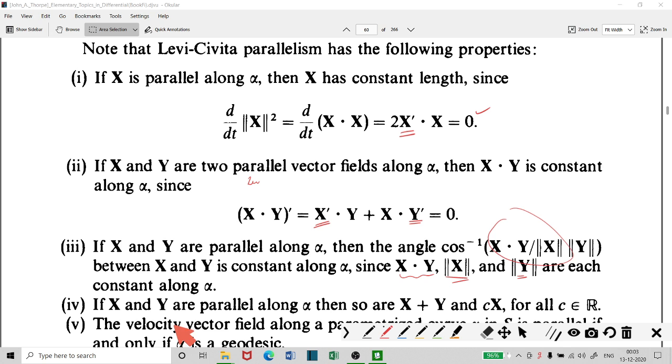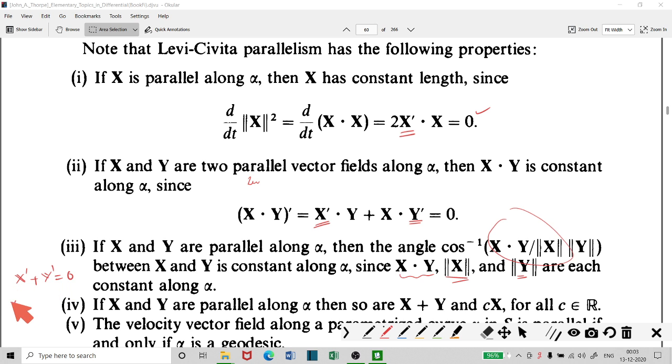Okay, now we have the fourth remark. If x and y are parallel along alpha, then so are x plus y and cx. Okay, this is nothing but the usual properties of the covariant derivative. These x prime and y prime will be 0.